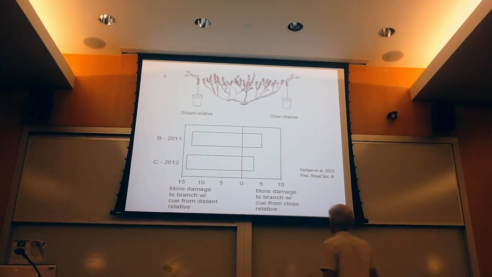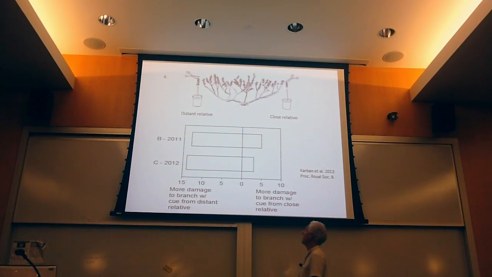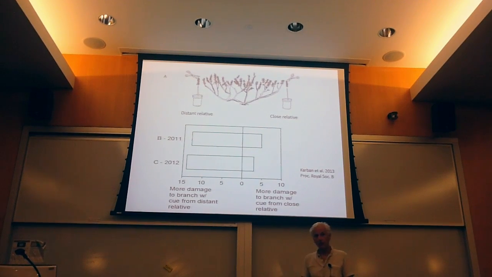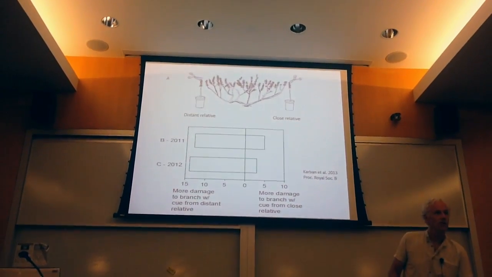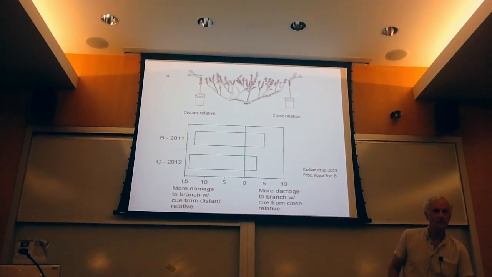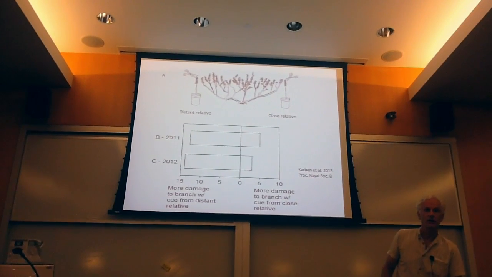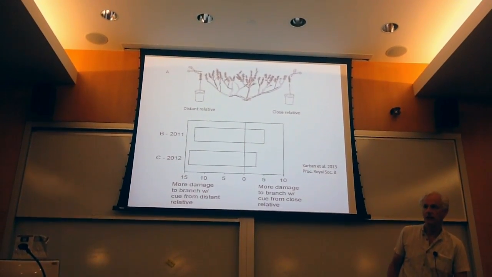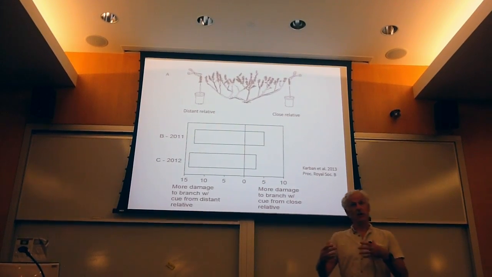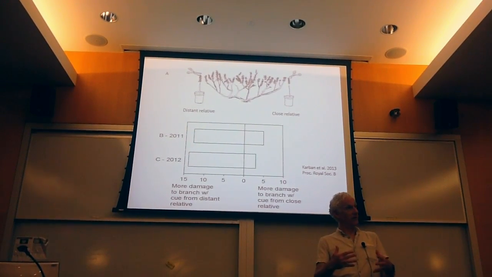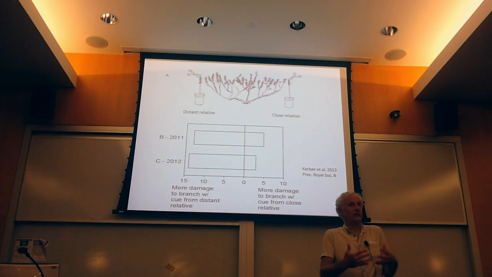And when we did this, we found that in most instances, plants that were receiving cues from close relatives were less damaged than plants that were receiving their cues from distant relatives. So that communication was more effective between close relatives than it was between strangers.